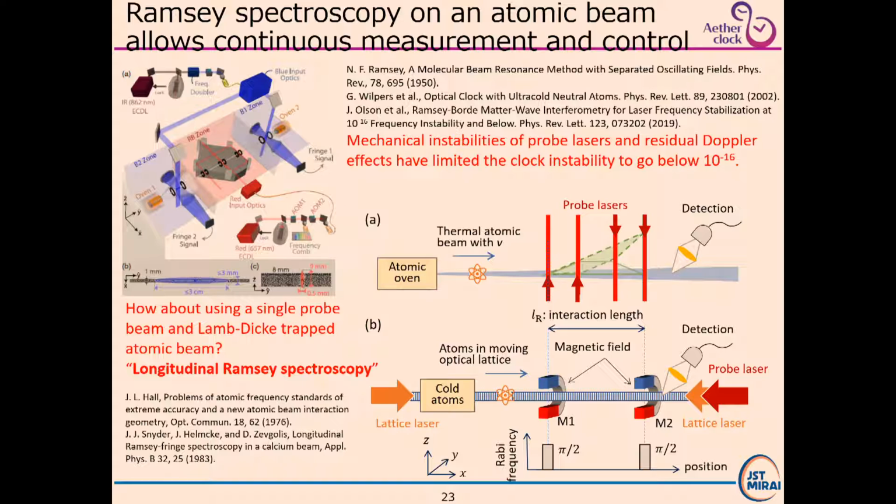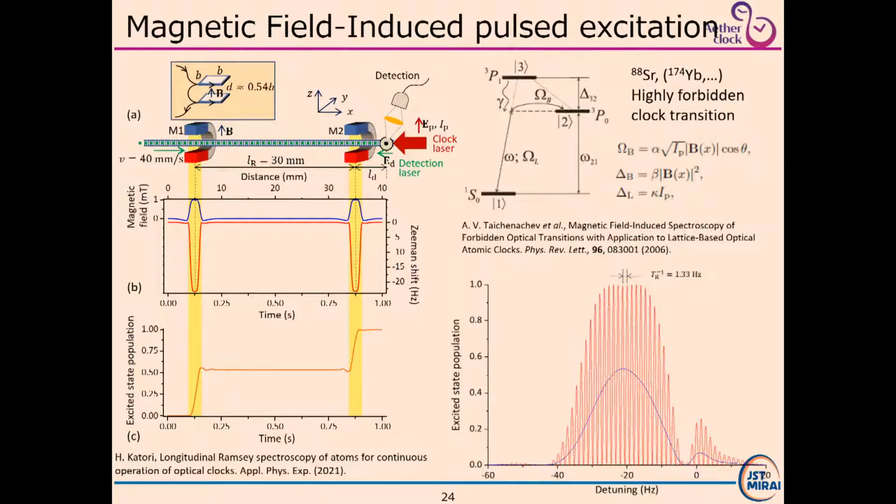The point is how to excite 2 times by pi over 2 pulses. This is the essence of Ramsey spectroscopy. We used a local magnetic field. And this is the scheme.